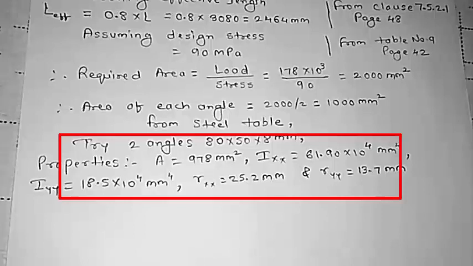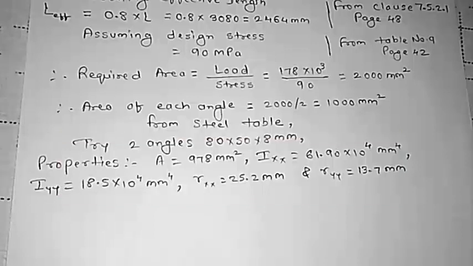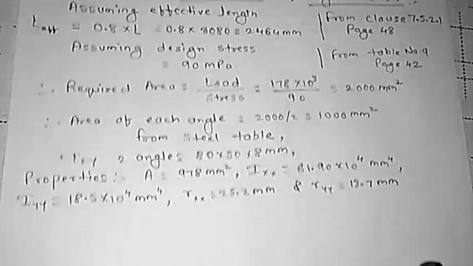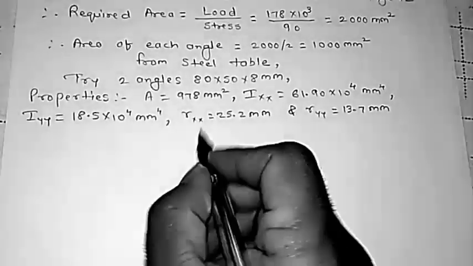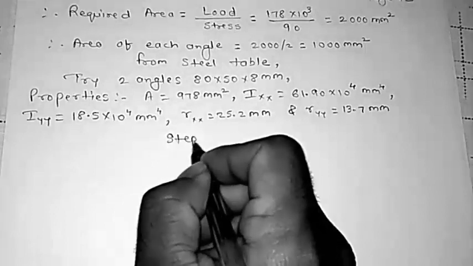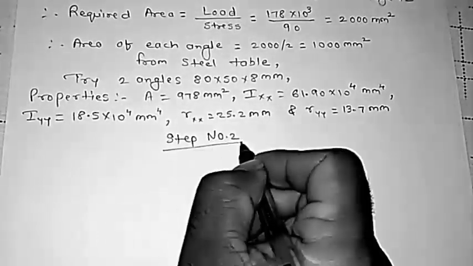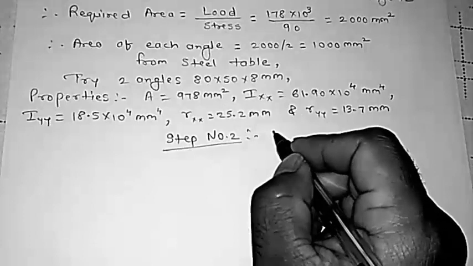Now we'll go for step number 2, where we will check what kind of section we are having, or the class of the section. So we'll go ahead with step number 2, that is class of the section.